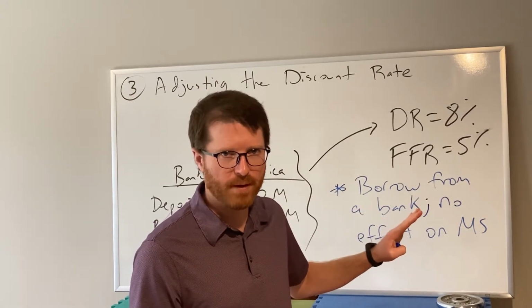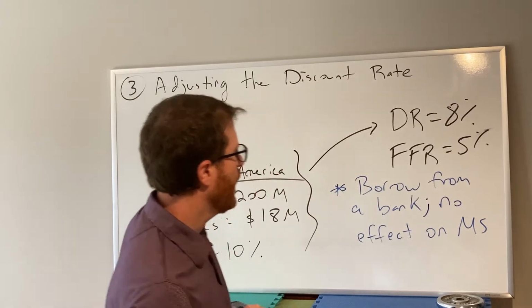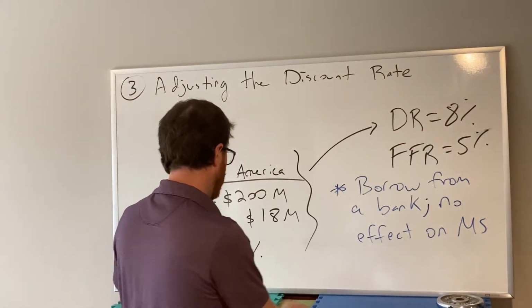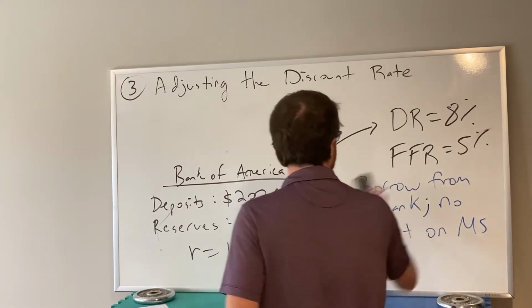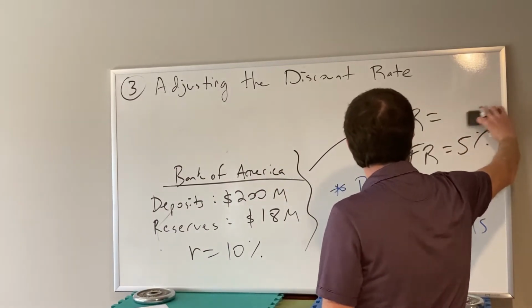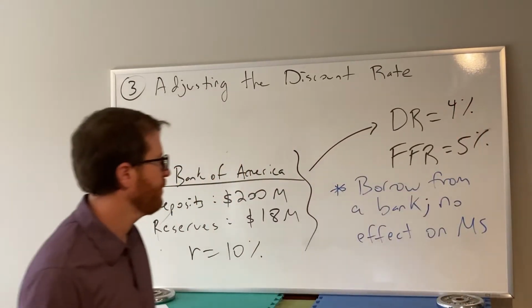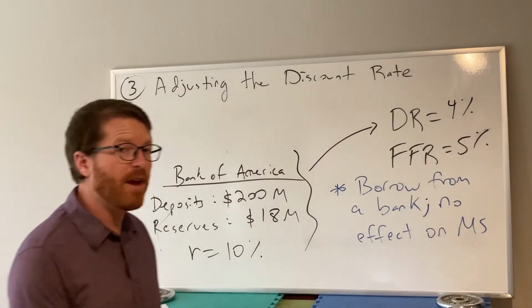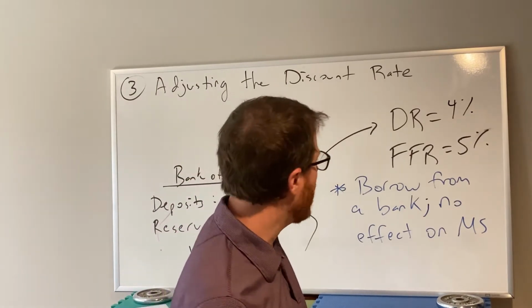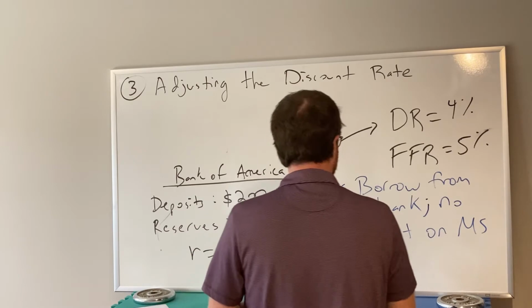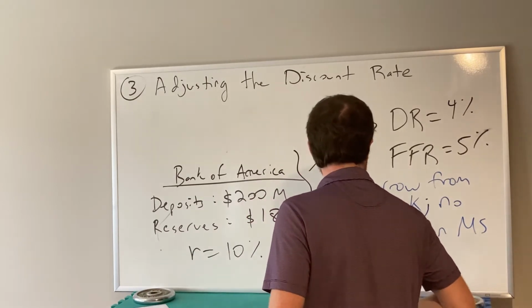Okay? So the Fed might decide to drop this rate down. And they might decide to drop it down to 4%. Okay? This is going to change everything. When they drop that discount rate down to 4%, now banks borrow from the Fed.